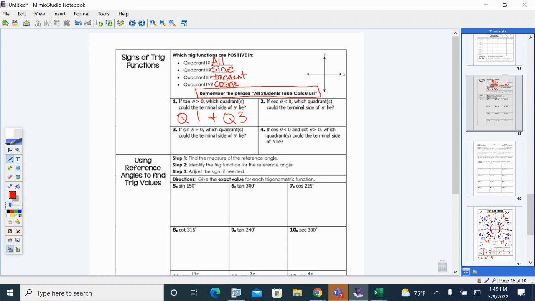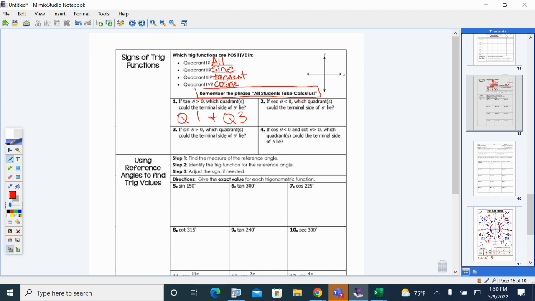Let's look at number 2. If the secant of theta is less than 0, which quadrant or quadrants could the terminal side of theta lie? So this is asking us about secant being less than 0. So where is secant negative? Well, secant goes with cosine.